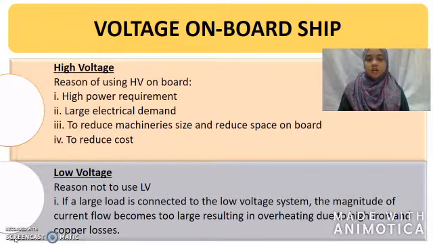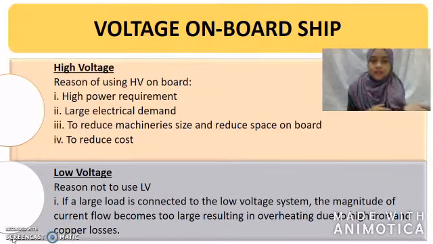So a high voltage is required in order to reduce the machinery size and reduce space on board, which is related to Ohm's law. The higher the voltage, the lower the current, which helps in reducing the machinery size and space on board, which can also reduce the weight, so the ship will be lighter.